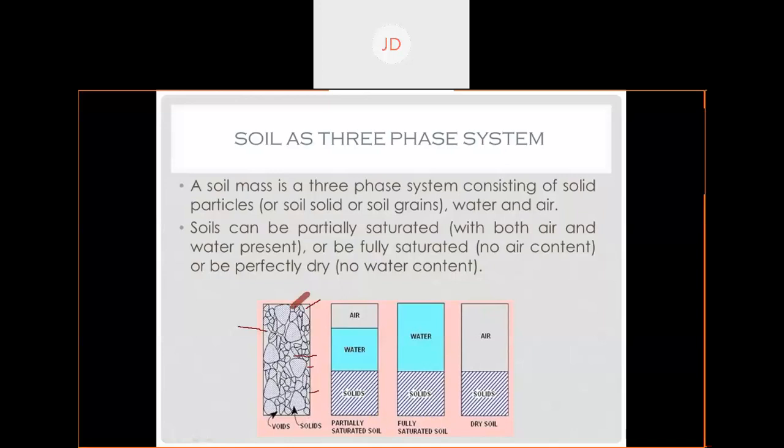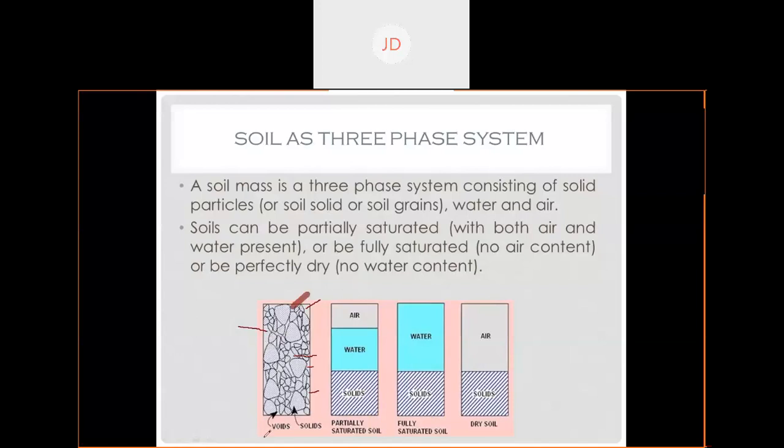Right? So these gaps are known as what? What is the engineering name of these gaps? Voids. Okay. This void represents the vacant place between the soil particles.